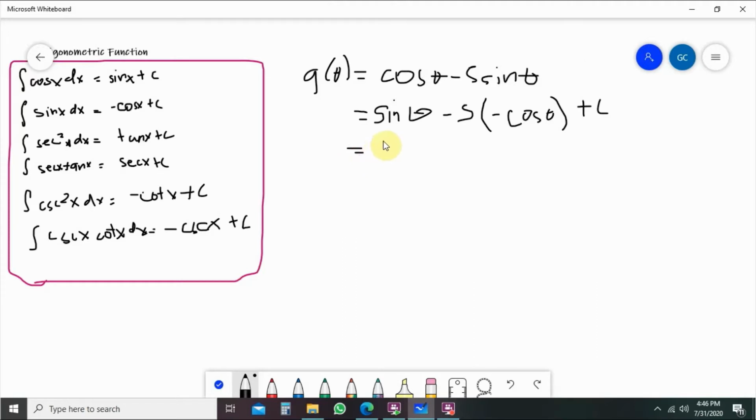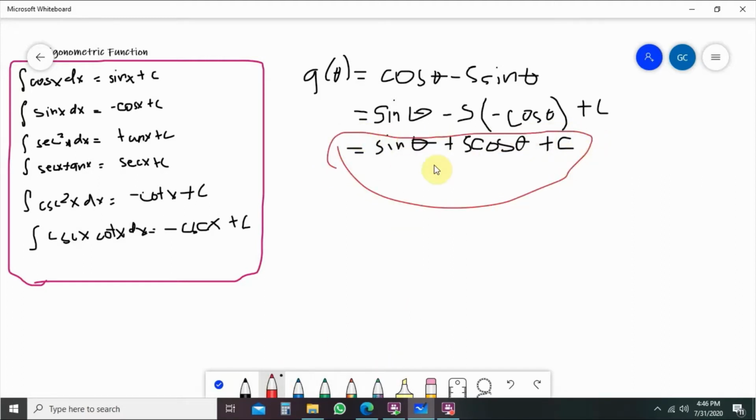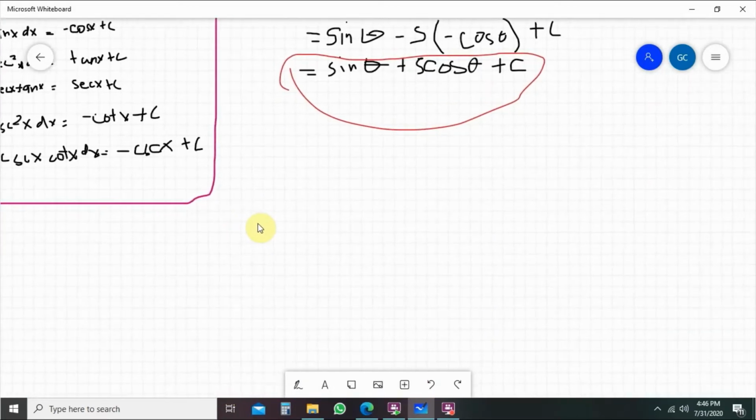That is equal to sine theta plus 5 cosine theta plus some constant c. That would be the final answer. Pretty simple, right? Let's try another example.